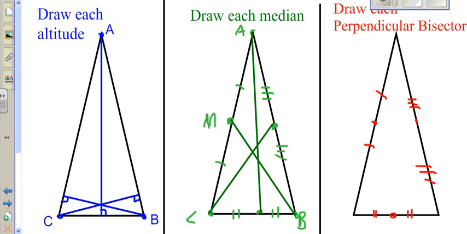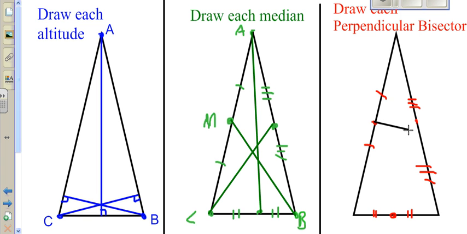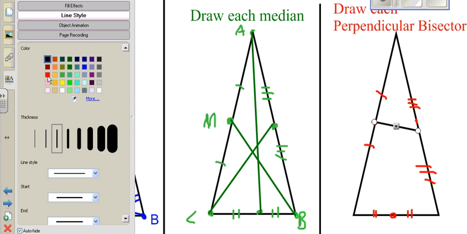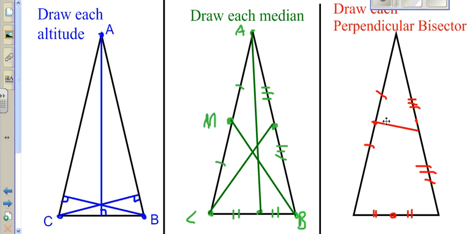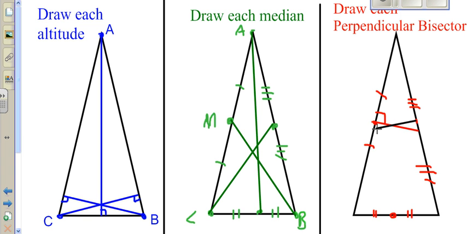Now from each of those midpoints, I have to draw a line that is perpendicular to the line I started on. This line I just drew over here is 90 degrees. I show it's 90 by making the right angle sign. I have a 90 degrees from that side.